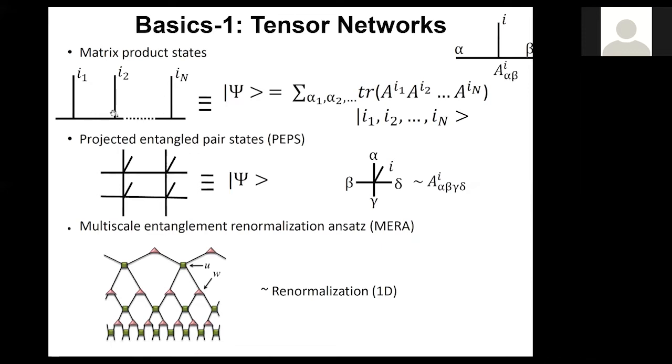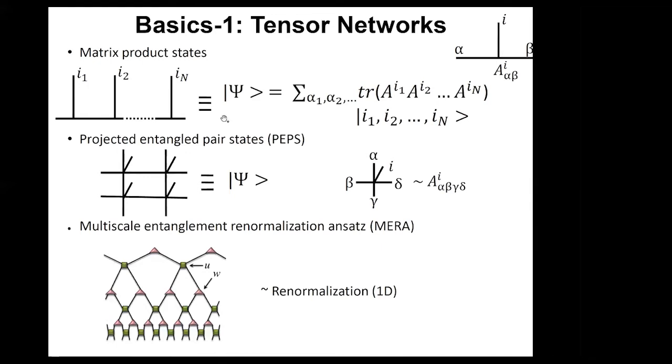But most of the states that live in C^d tensor n are actually highly entangled. And it turns out that physically relevant states, which are low energy states of, say, gapped local Hamiltonians, have been proven to have not that much entanglement.